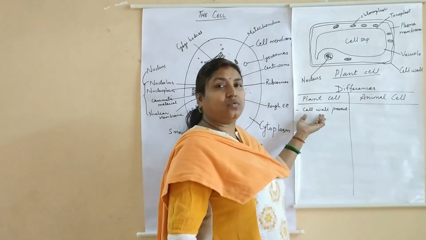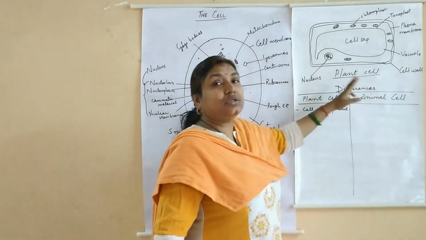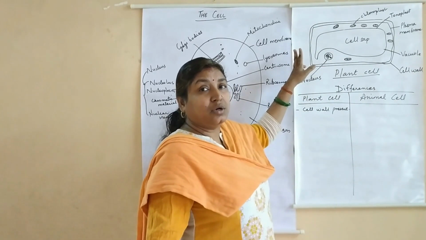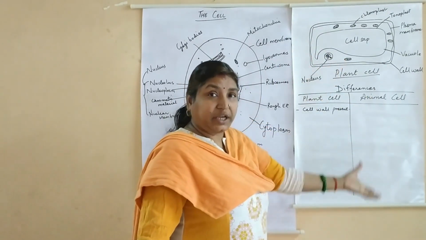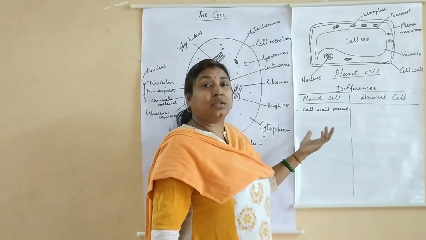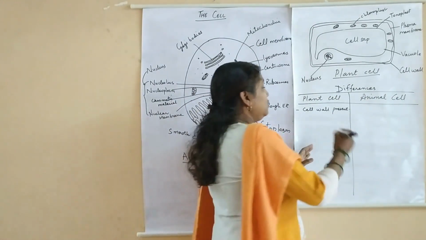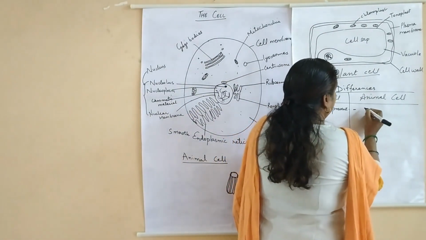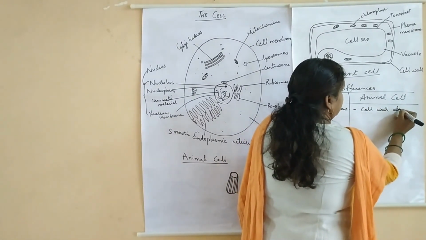In plant cell, the cell wall is an additional layer around the cell membrane, providing extra protection against mechanical injury and attack from pathogens. So, cell wall is present in plant cell. In animal cell, cell wall is absent.